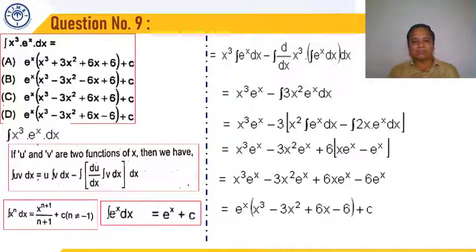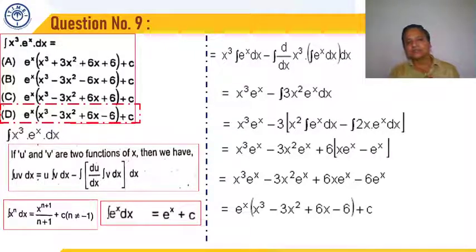Now we have to just match our choices, to see which choice gives us the correct answer. This is the concept of integration. If we carefully look at the choices, we get our answer as choice D. So we applied the product rule of integration whenever functions are given in product.